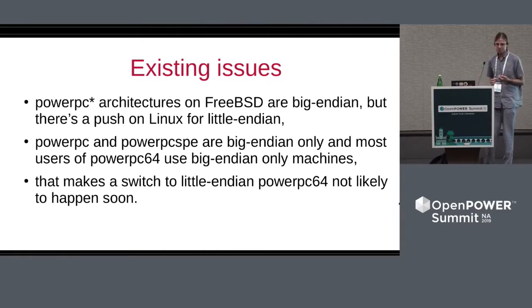But PowerPC 64 is now Little Endian on Linux, on other systems. And there's a big push from companies to make Linux Little Endian only. Maybe not the kernel itself, but many applications. There are also some problems with, for example, Node on Big Endian systems.